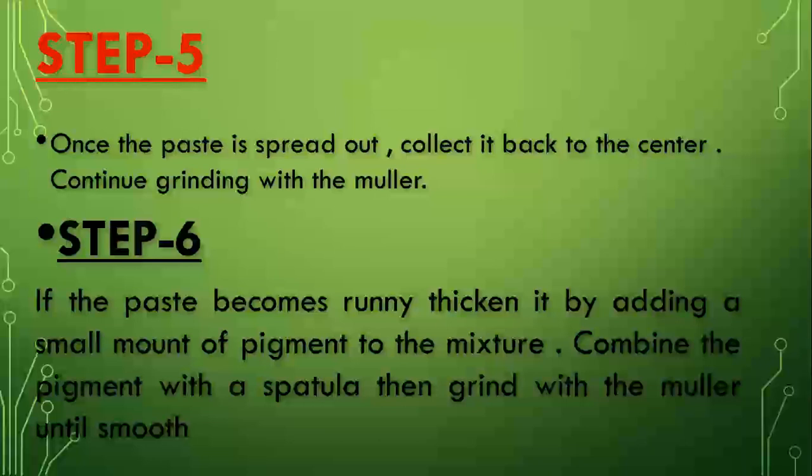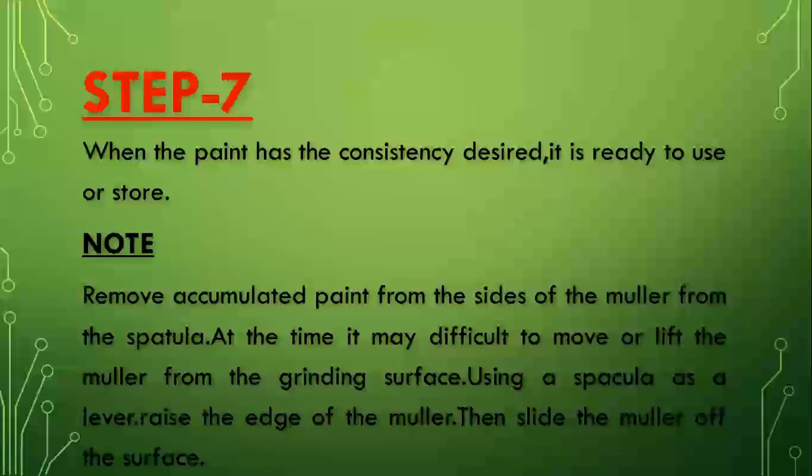After the preparation, if we see that the quantity of oil or pigment is greater than the other, we balance them by adding oil or pigment. So in the final step, when the paste has the desired consistency, it is ready to use or store.